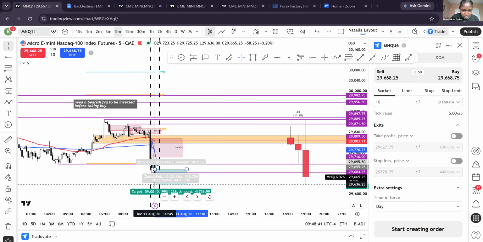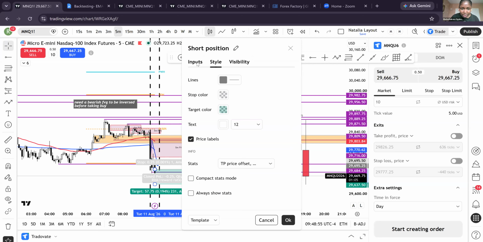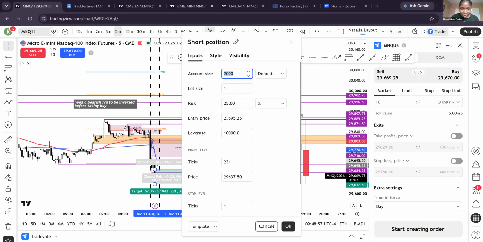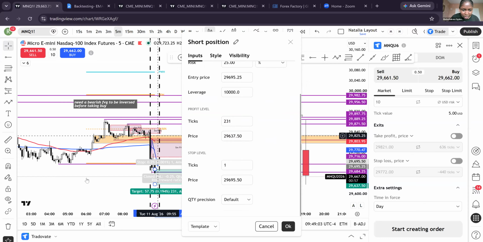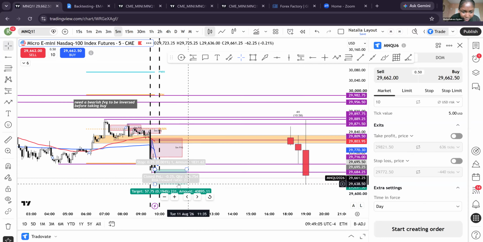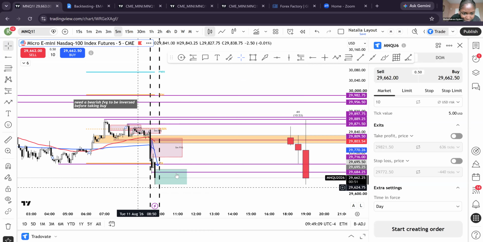Guys, it's saying 251. I just want to see my risk to reward. This looks so weird. What is going on? Inputs. Guys, are you seeing this? Lot size, ticks. I just want my risk to reward. Why does this look so weird to me? Yeah, it just hit now, but hold up.